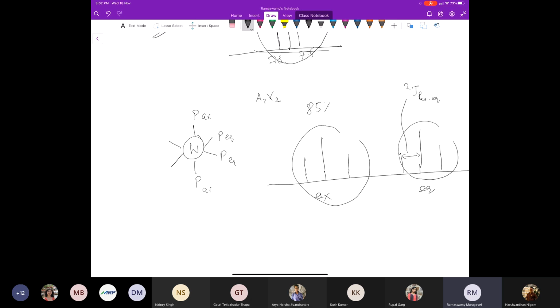The remaining 15% has to come as corresponding two triplets, so this is 85, this is 7.5, this is 7.5. This is for the axial alone, and a corresponding one for equatorial.